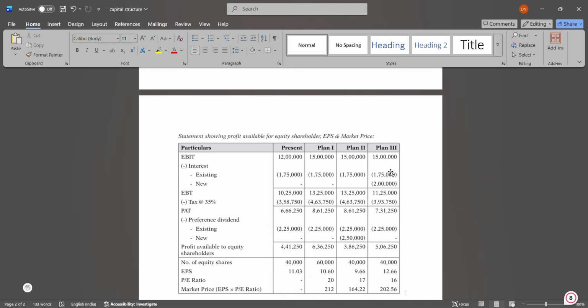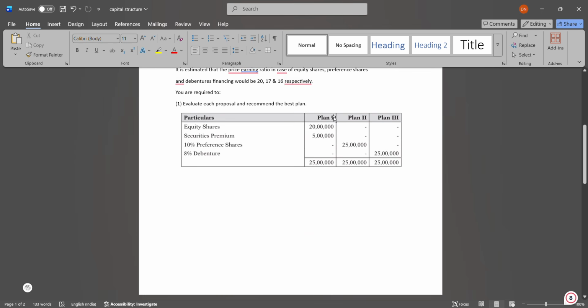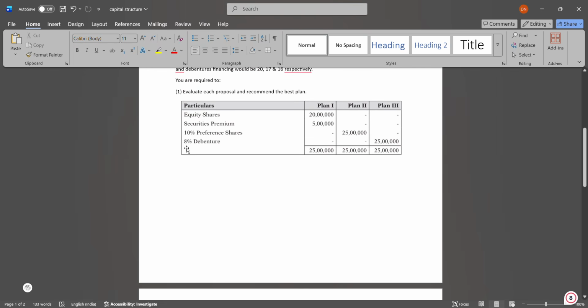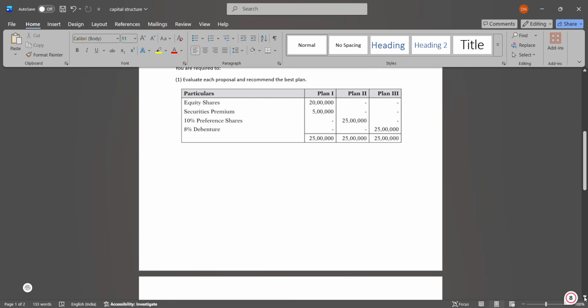And how did we calculate the new one? 25 lakhs at the rate of 8%, minus for the new plan. Now if we see the three plans, the first plan is all about equity, so nothing will be deducted. The second is all about preference shares, so again there will be no deduction. And in the third case, we have debenture holders at 25 lakhs at how much percent? 8%. So now calculate 25 lakhs at 8%.